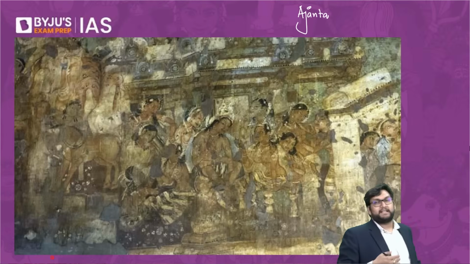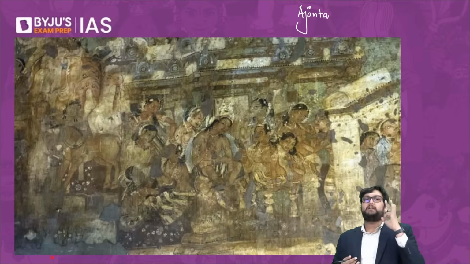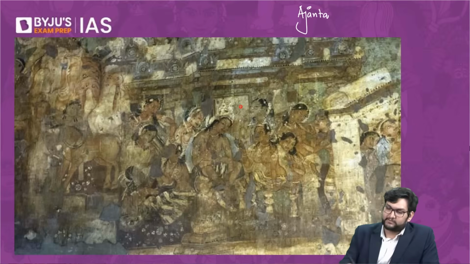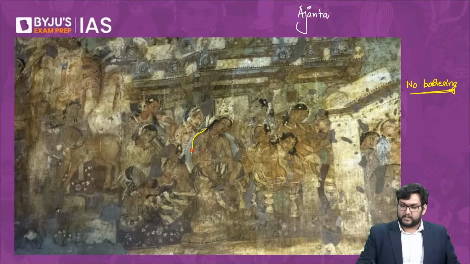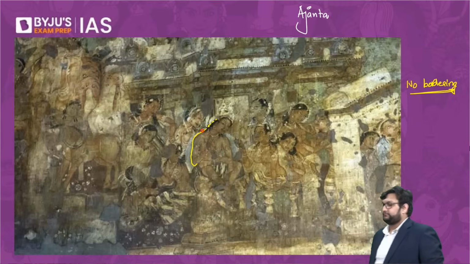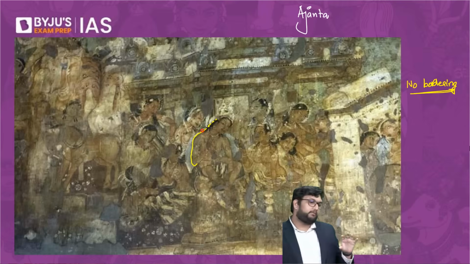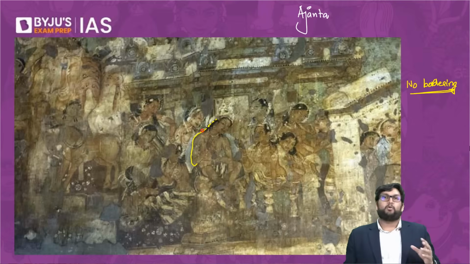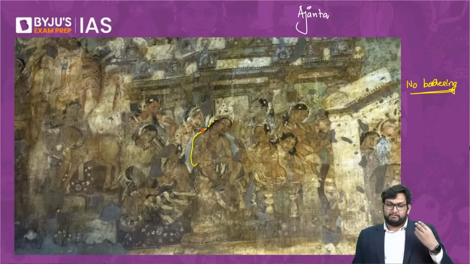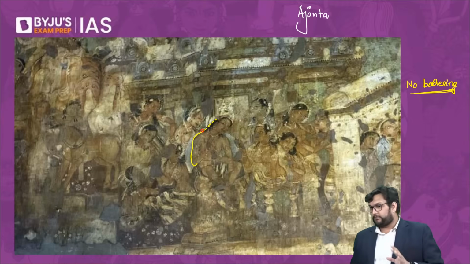So, in Ajanta, we see three very important characteristics. One is no bordering. The borders of the paintings are not very well defined. There is no conscious attempt to create a proper border, and therefore these images look very cluttered.